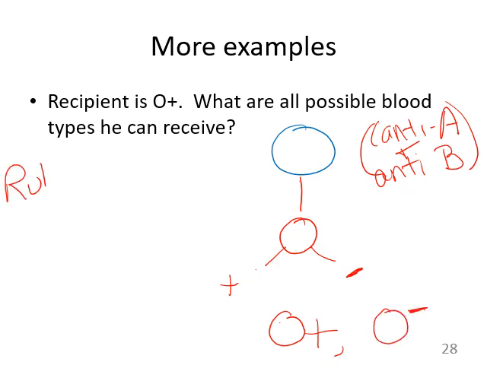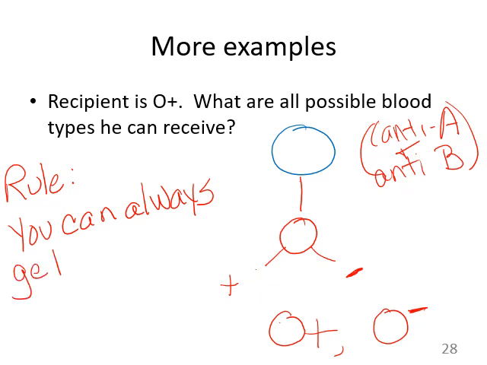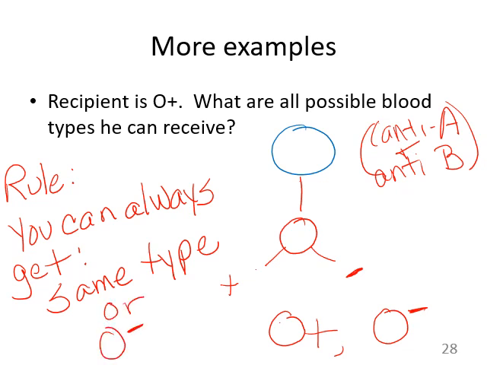Another rule: there's two blood types you can get, well, unless you're O negative. You can get the same blood type, so if this person's O positive, we can give them their same blood type. Or you can get O negative. O negative blood is what we call the universal donor.